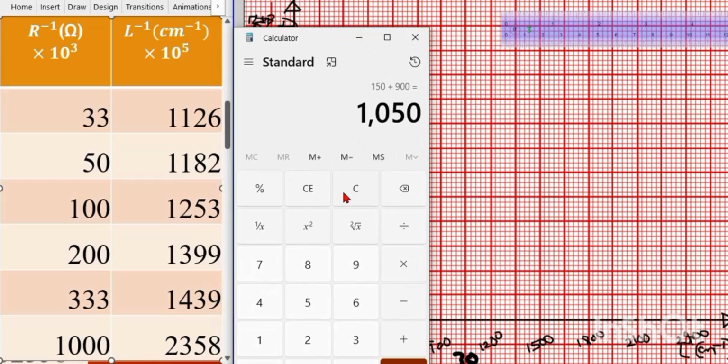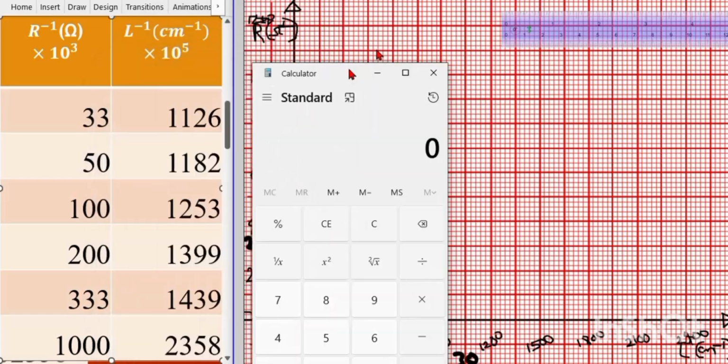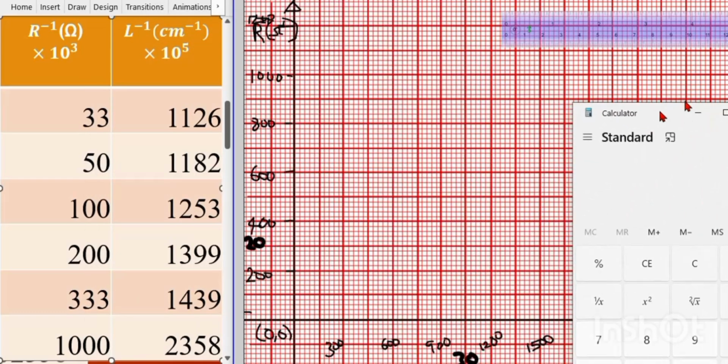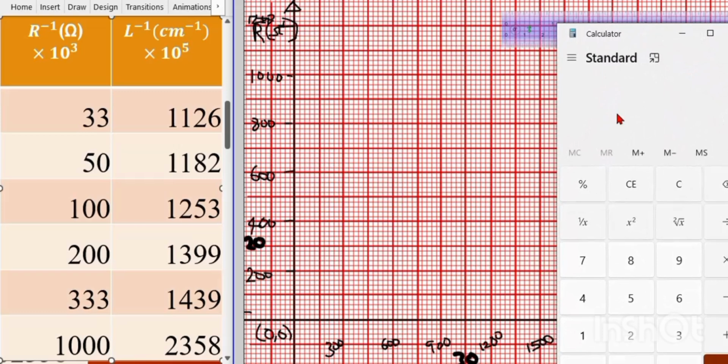Let me erase this. I have 1200 here, then 1126. Let me start subtracting 30. If I subtract 30, I'm coming back from 1200 to 1170. So like that, and like that. So let's see. We have 1200.